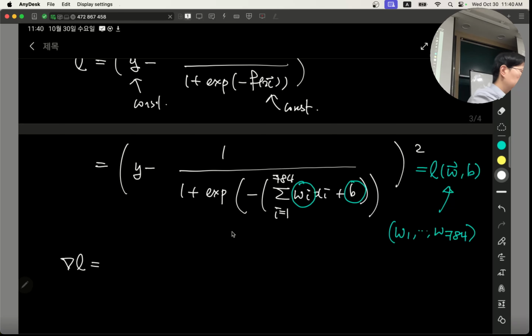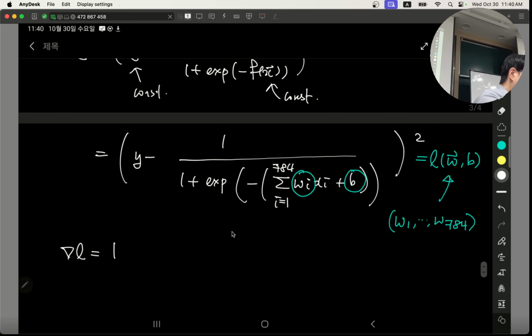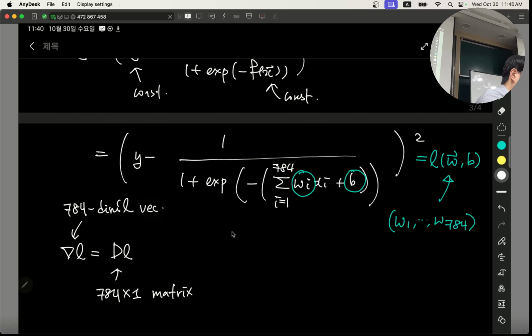So you can consider it as DL, a 784 by 1 matrix, and this one is a 784 dimensional vector. But they're the same thing because the coordinates are the same, given by the partial differentials.